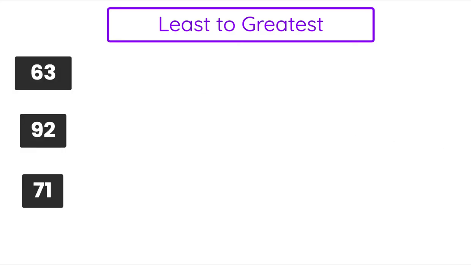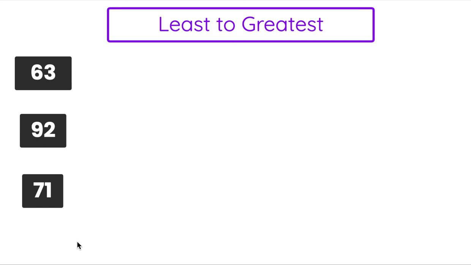The last example we'll do are these 3 numbers. These are the last ones, and we're going from least all the way to greatest. We have 63, 92, or 71. These are all really big numbers. So which one is the least?